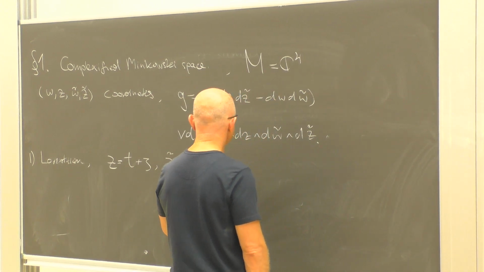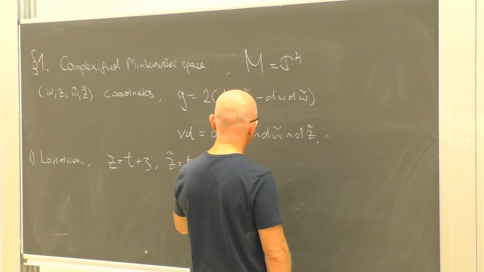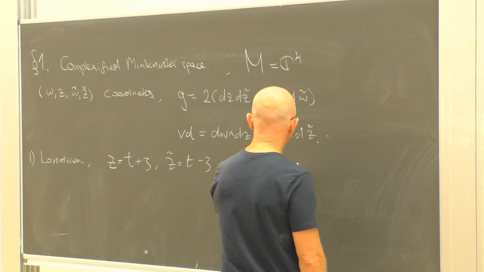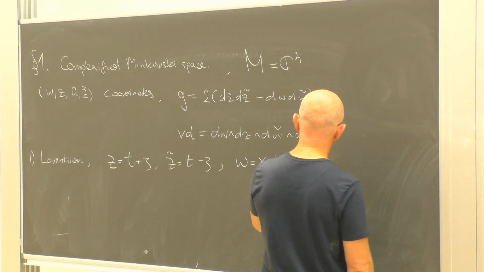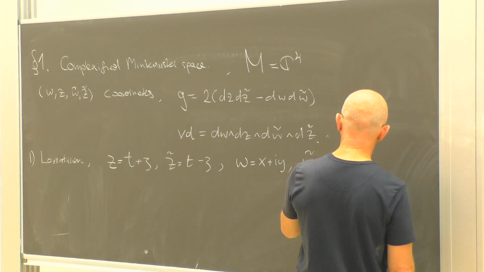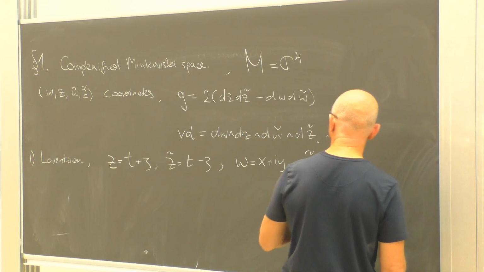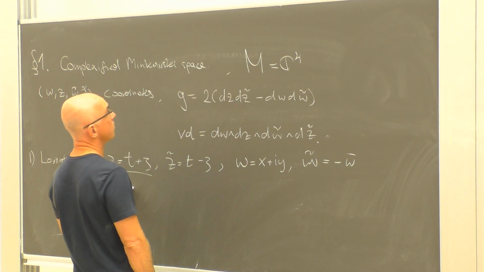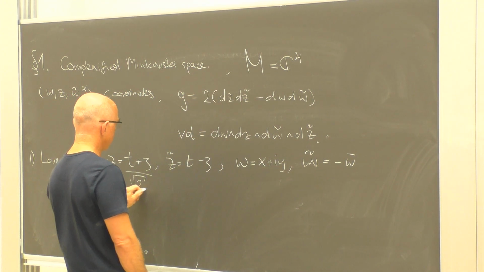And we'll take w and w tilde to be complex, so w is x plus iy, and w tilde is minus w bar. And we're going to stick in root 2's.